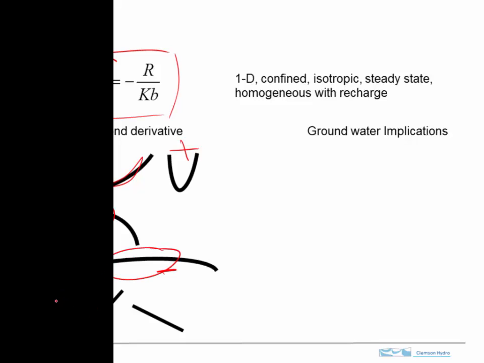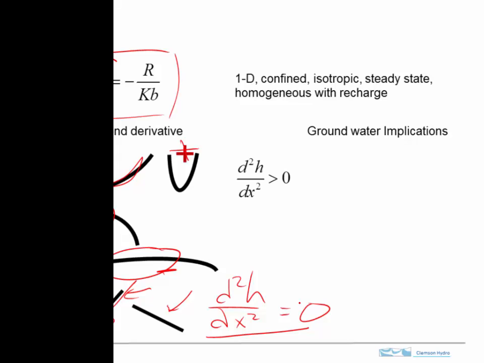And then these, these are all examples where the second derivative is equal to 0, and that's because they're straight lines. For this one, the first derivative is 0, the slope is 0. Here the slope is not 0. This would be a positive slope, but the second derivative is equal to 0. So yeah, here's the animation. This is second derivative greater than 0, second derivative less than 0, second derivative equal to 0.